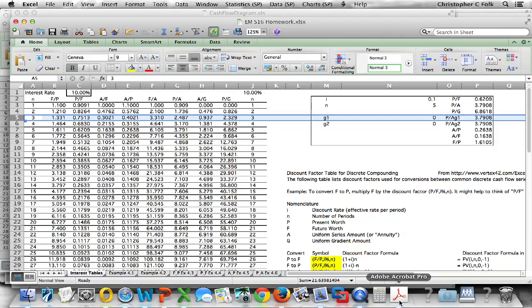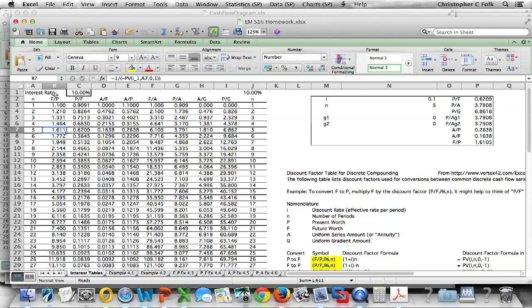We wanted to find P given F. Find P given F, right? And at the 5-year mark, at 10%, this is 5 here, notice find P given F, that's the cell.